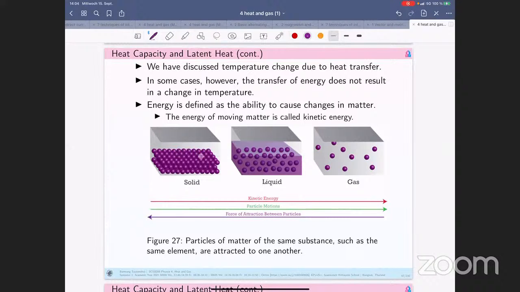The kinetic energy increases toward the gas side, meaning the particle motion increases. We consider 3 principal phases: solid, liquid and gas.